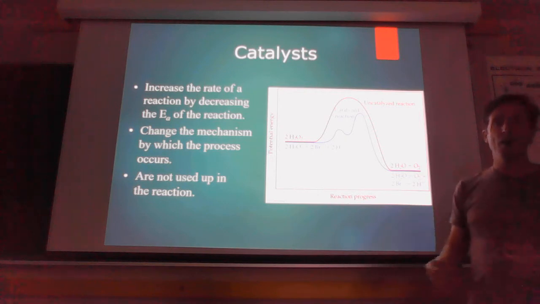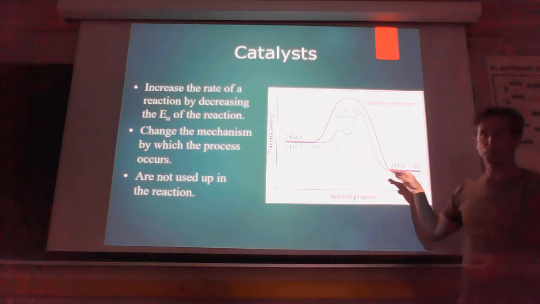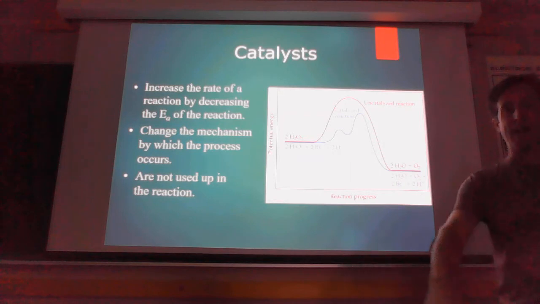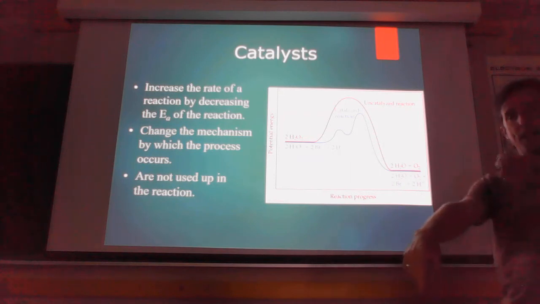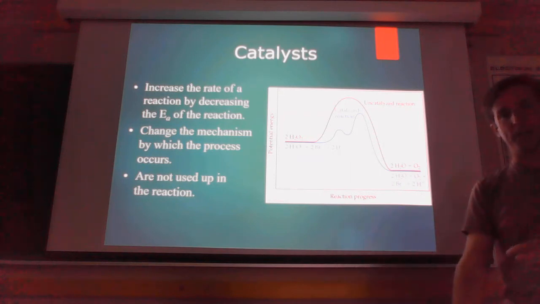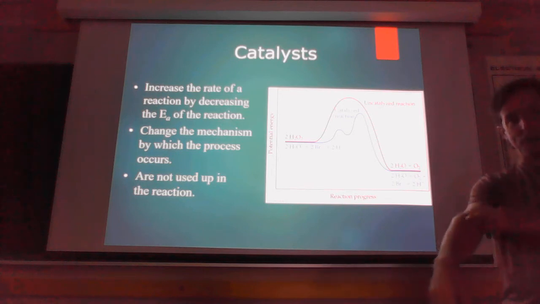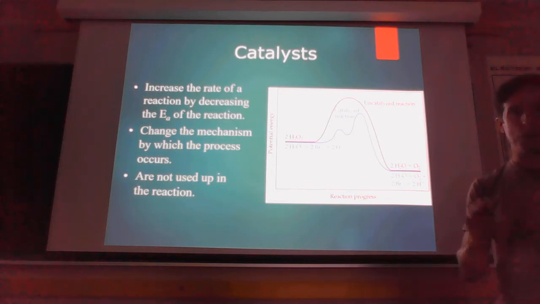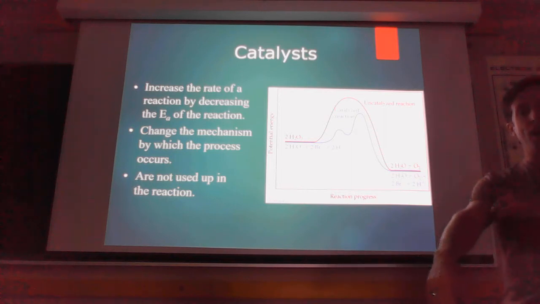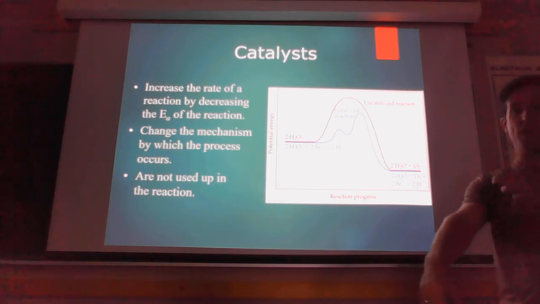Okay? Now, another way we can catalyze this reaction is actually, if I have an open cut on my arm and I pour some hydrogen peroxide on it, there are chemicals in my blood, specifically iron-containing compounds like hemoglobin or something like that. I don't know the exact form of it. But the iron in my blood will catalyze the decomposition very quickly.